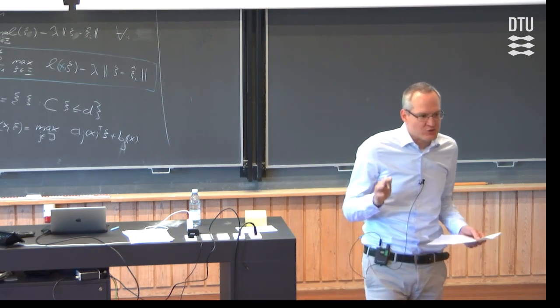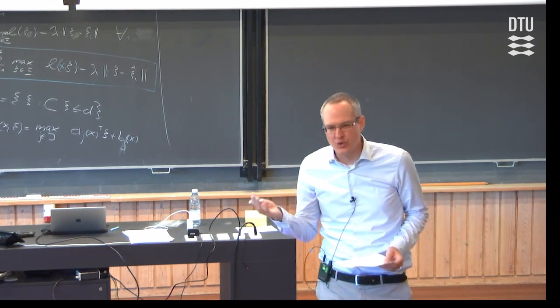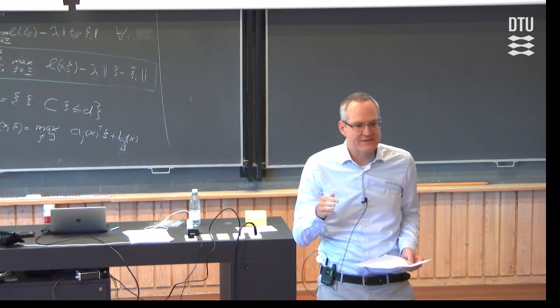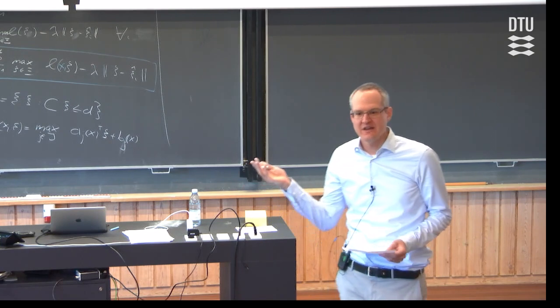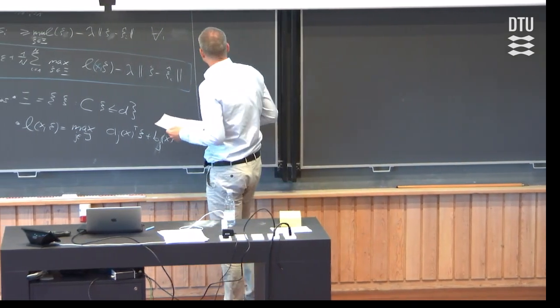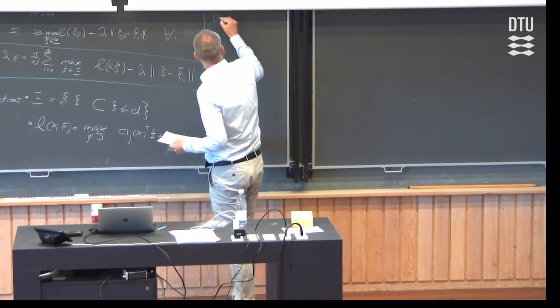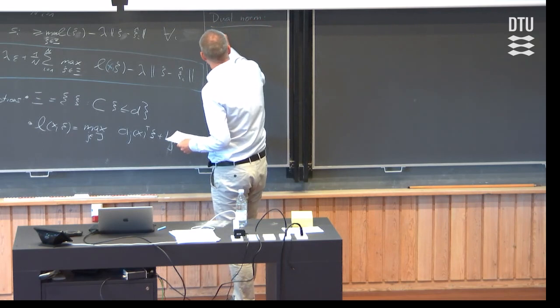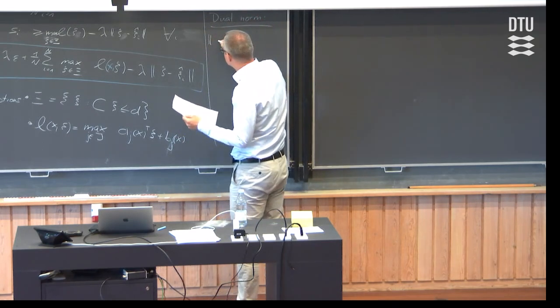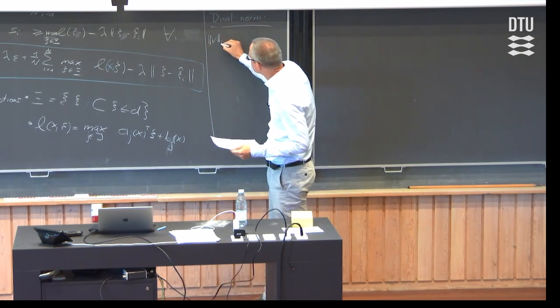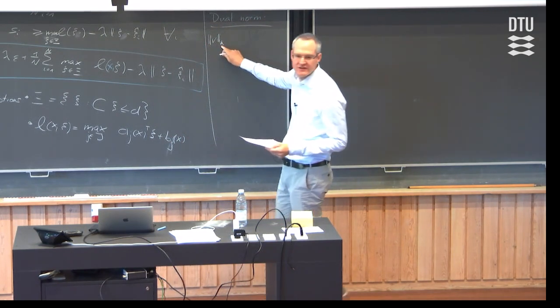Now the thing I'm going to use is the so-called dual norm. Any norm on a finite dimensional vector space can be assigned a dual norm, and I'm going to need that one. So the dual norm. I denote the dual norm of a vector v by the norm sign, but with a subscript of a star.